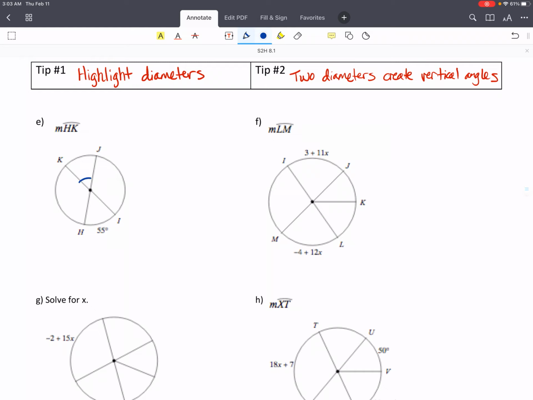So here, I have some vertical angles. So if I'm looking for HK, so this is what I'm looking for.